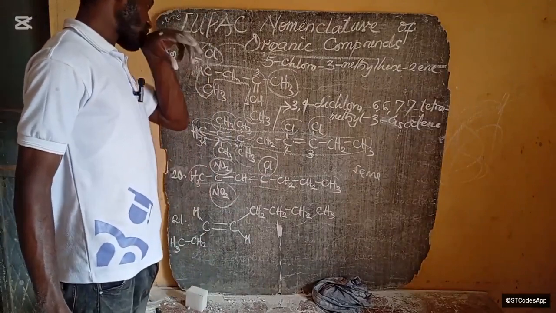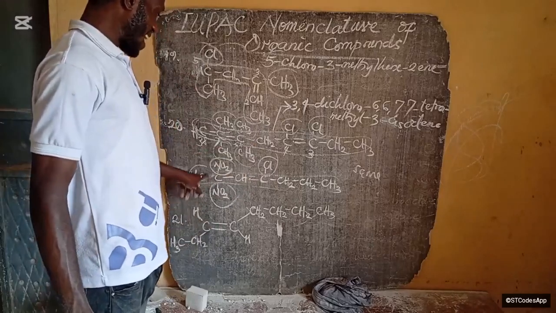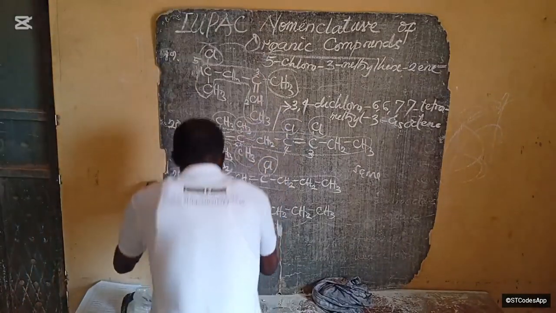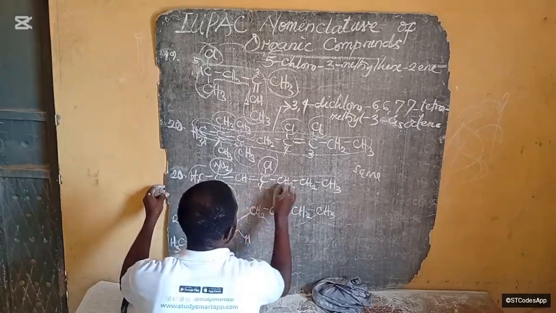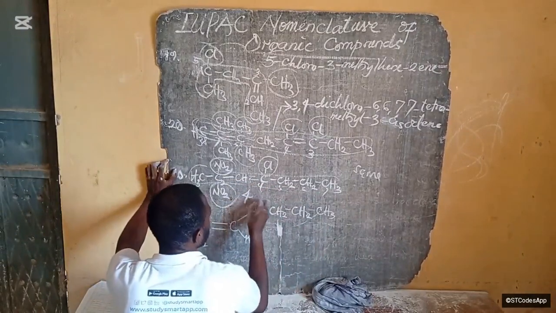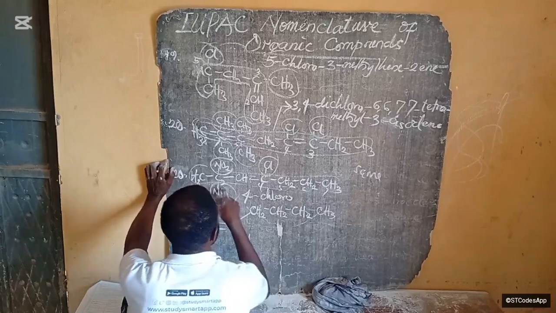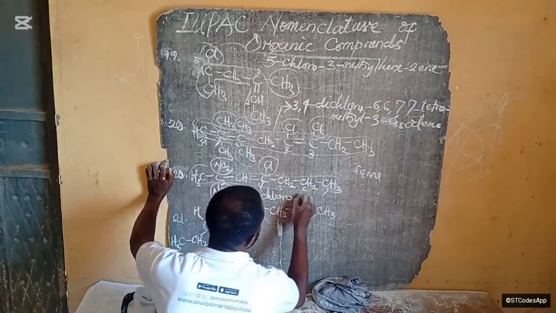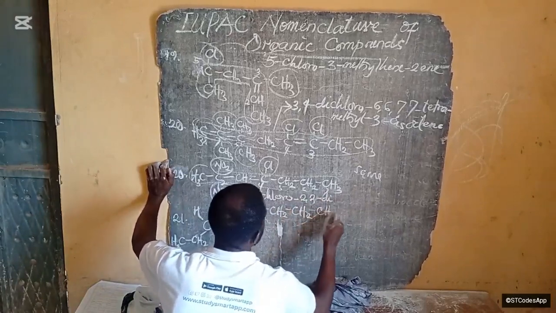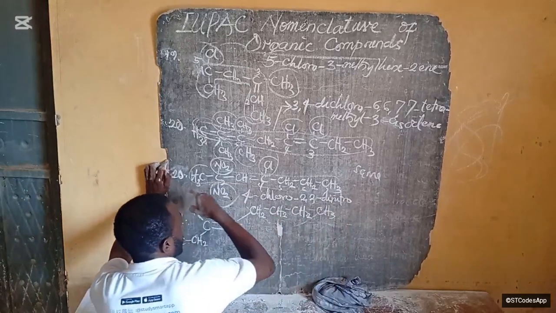The one that comes first, we have chloro and dinitro, so chloro is going to come first, which is on carbon 2, 3, 4. So that is on carbon 4. So that will be 4 chloro 2, 2 dinitro hept.